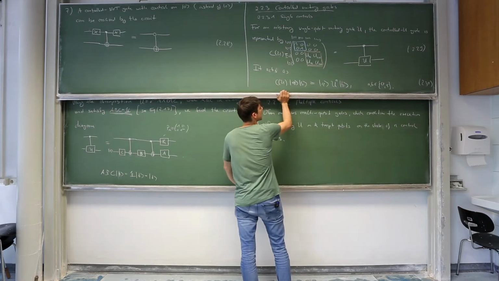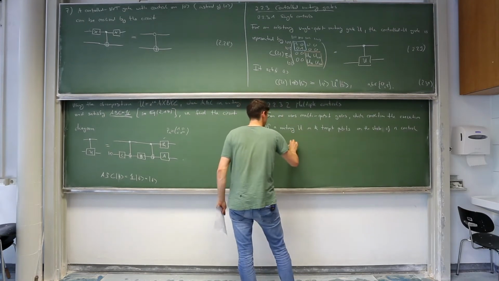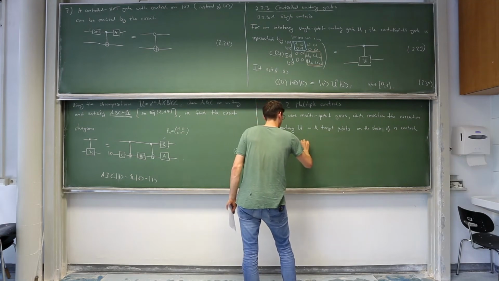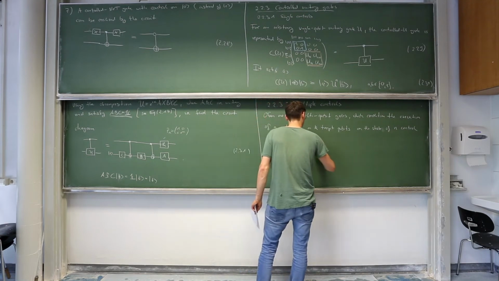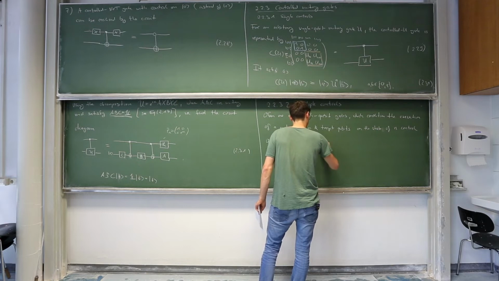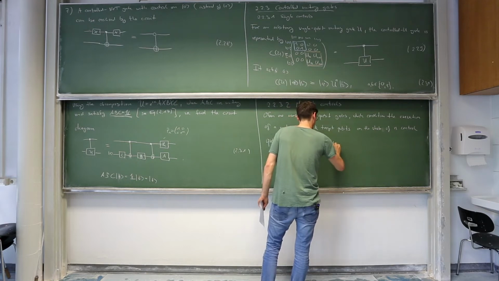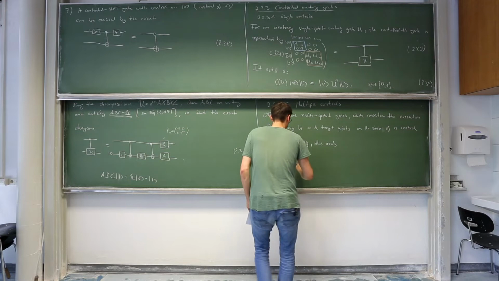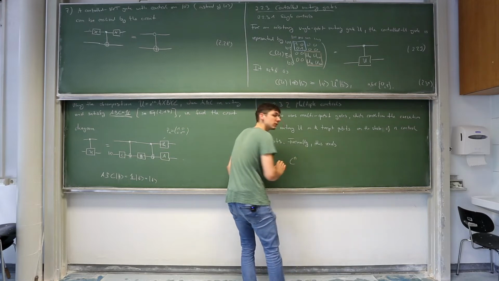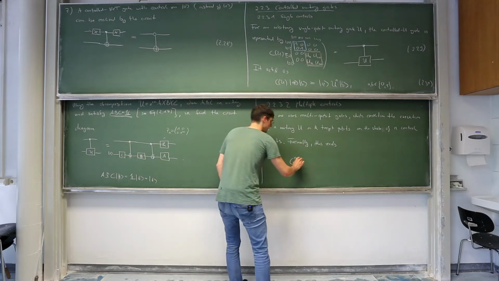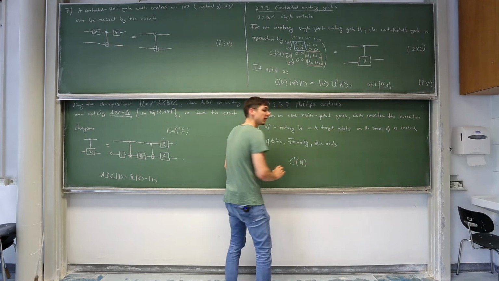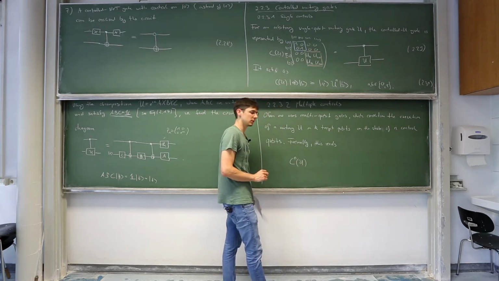So formally we have the following. We have a control on n control qubits of a unitary which acts on k target qubits.